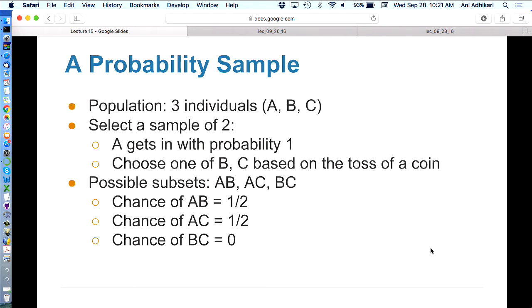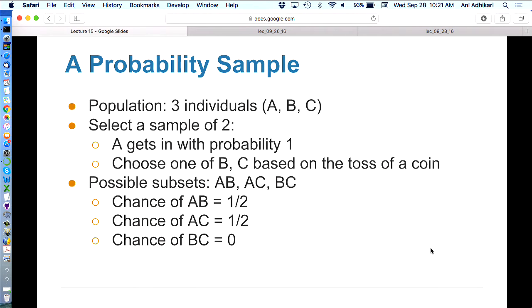Yes, there is a man who will go far. Multiply by the chance that you get C given that you already got B. Yes? What is that chance? That chance is 0. All right, so that is equal to 1/2 times 0 by the multiplication rule.